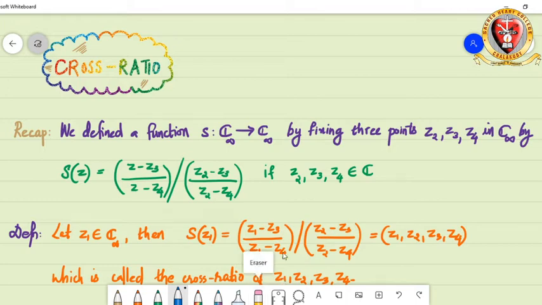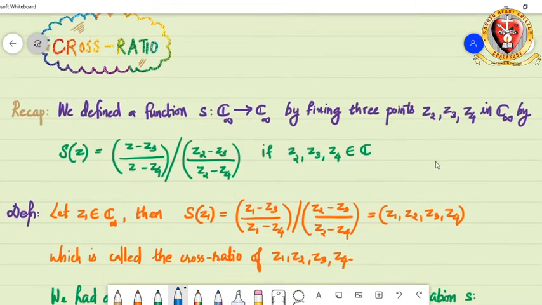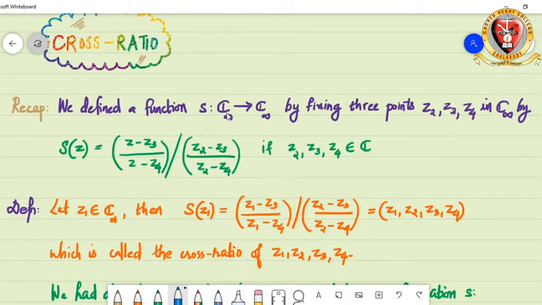As a recap, we defined a function S from the extended complex plane C infinity to C infinity itself by fixing 3 points z2, z3, z4, and it was defined as the fraction S of z is equal to (z minus z3) divided by (z minus z4), the whole divided by (z2 minus z3) divided by (z2 minus z4), whenever z2, z3, z4 belong to the complex plane.